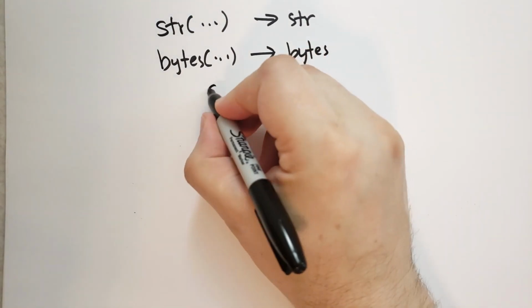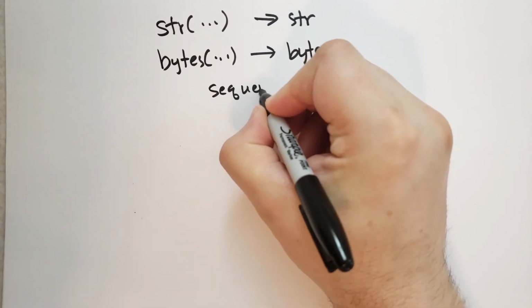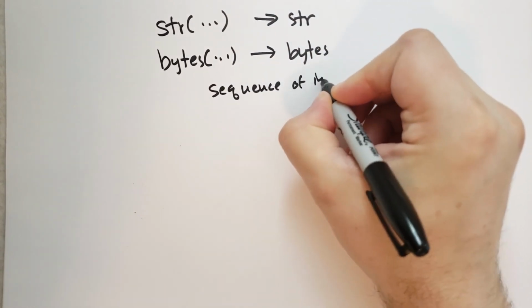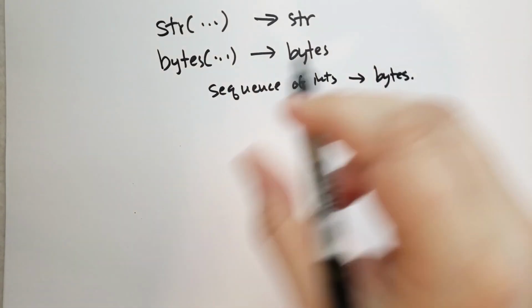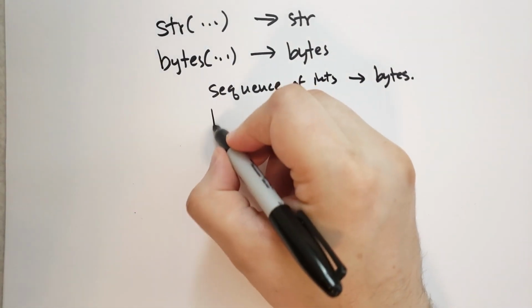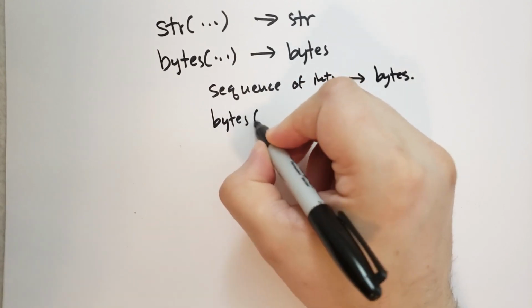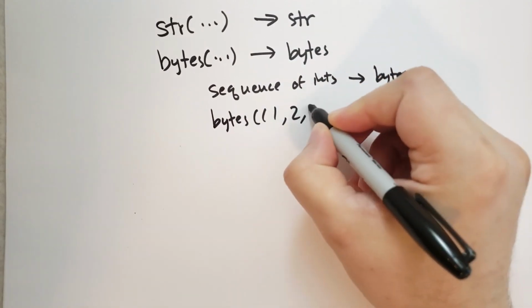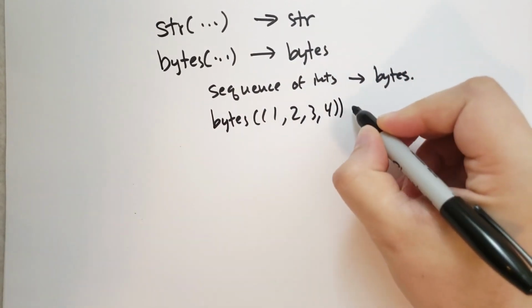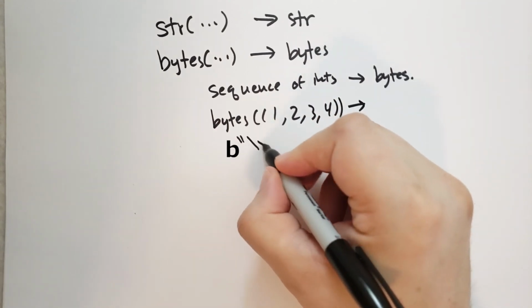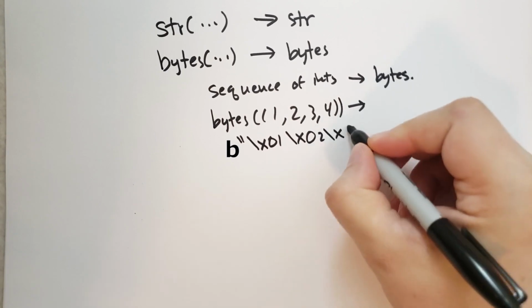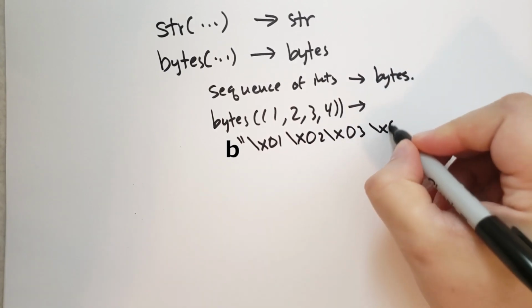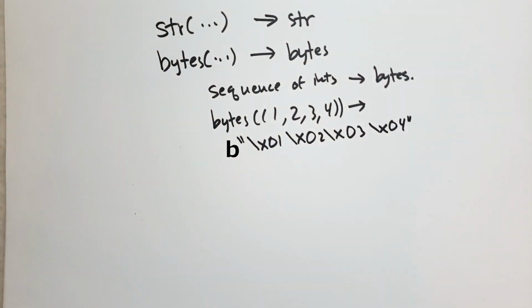Note that if you pass a sequence of integers, this will convert it to a stream of bytes. As an example, if we called bytes with 1, 2, 3, and 4, this will give me the string \x01, \x02, \x03, \x04.